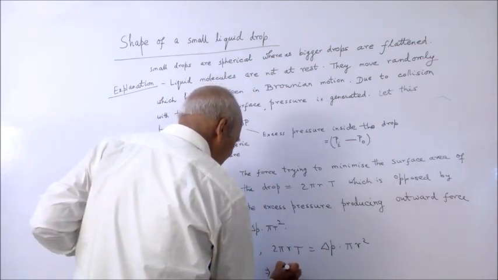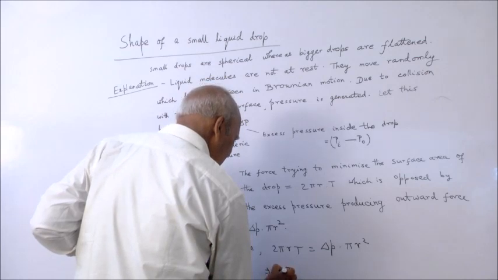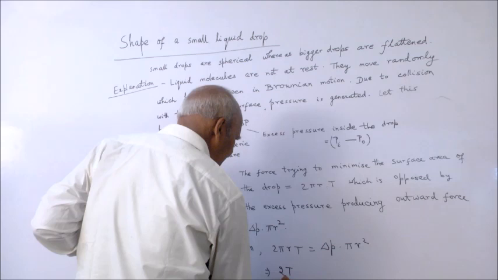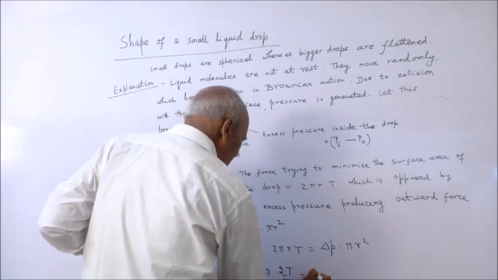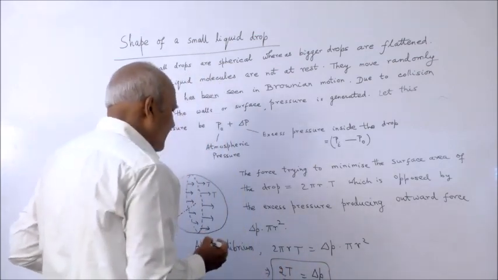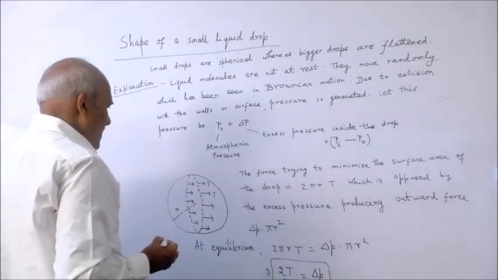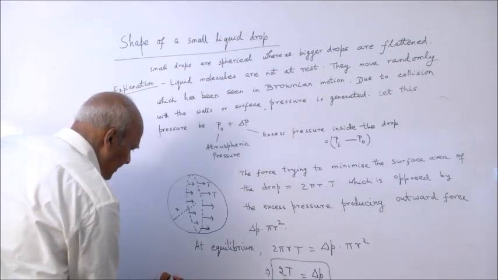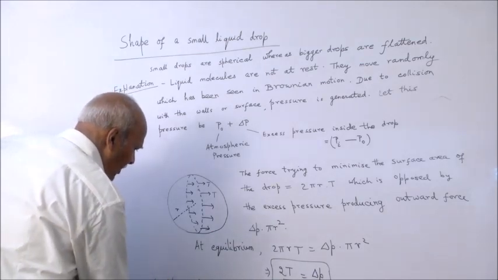which implies 2 T by r is equal to delta P. That means excess pressure is 2 T by r. So, that implies delta P is proportional to 1 by r.